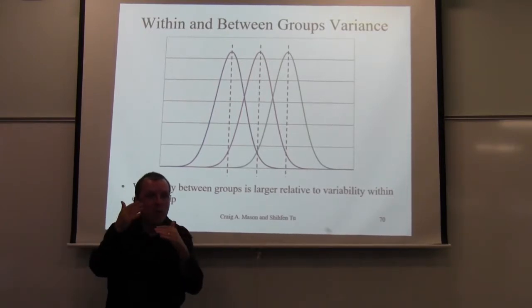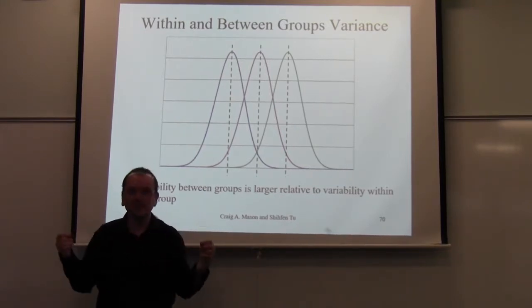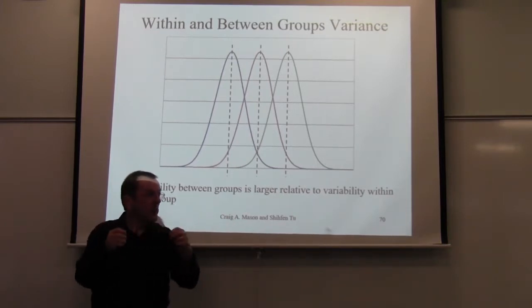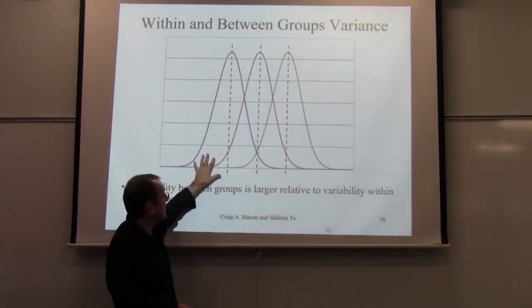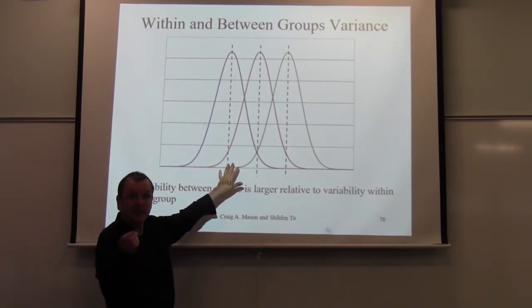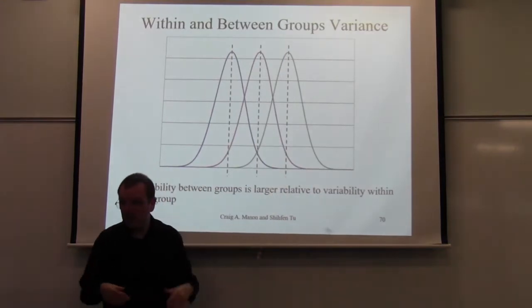So it's getting at the same thing. We're not talking standard deviation now; we're talking variances. Variance is variability. We're looking at how much variability there is within a group. It's my yardstick to determine whether the variability between the groups is big enough.